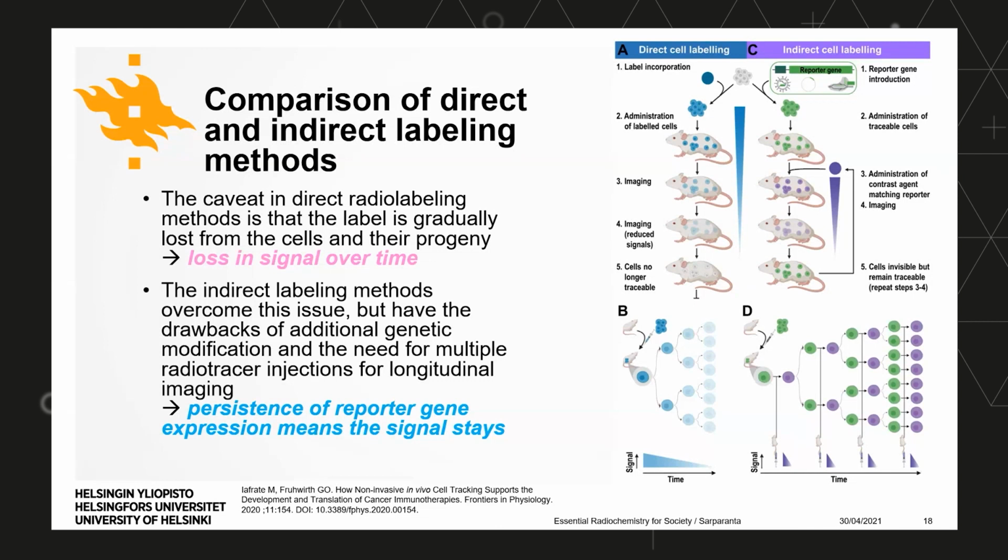So even though the persistence of reporter gene expression means that the signal will stay detectable for a long time, it's actually logistically quite complex to achieve transgene imaging. Next slide.